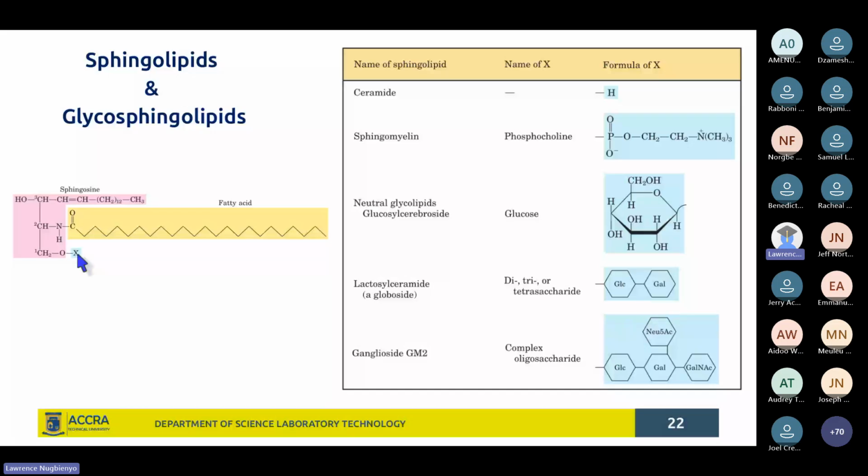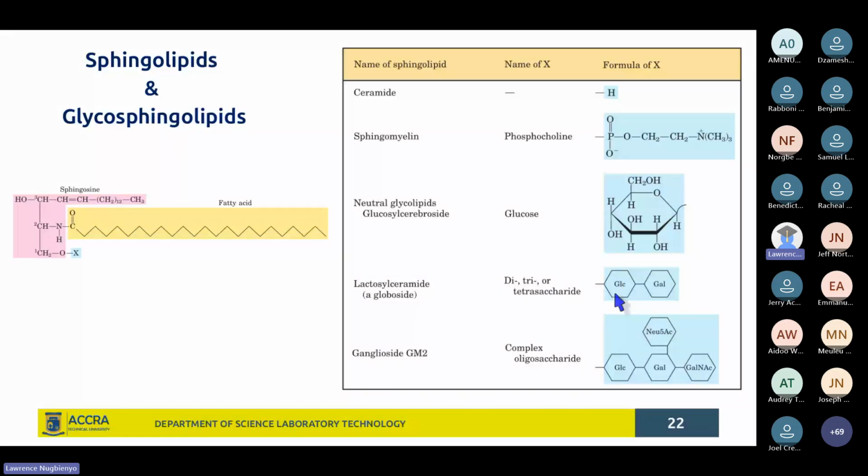These you find also in the nervous system, which is why you notice that some of these neurodegenerative disorders are related to some of these lipids. Some deficiency in their metabolism results in some mental retardation and some other neurodegenerative disorders.